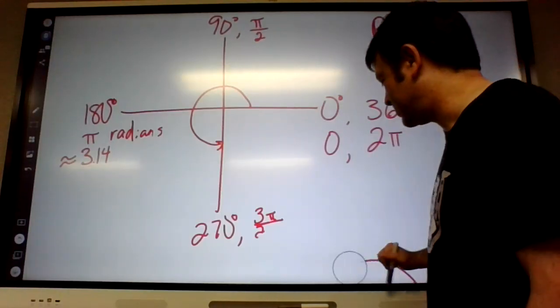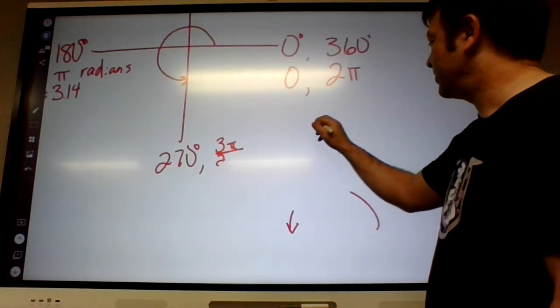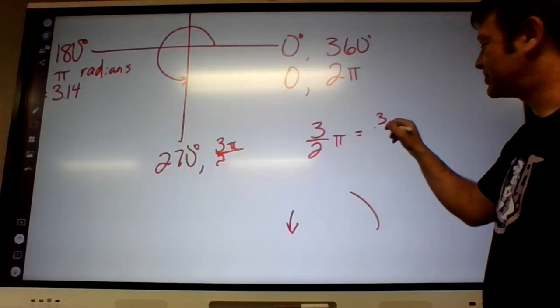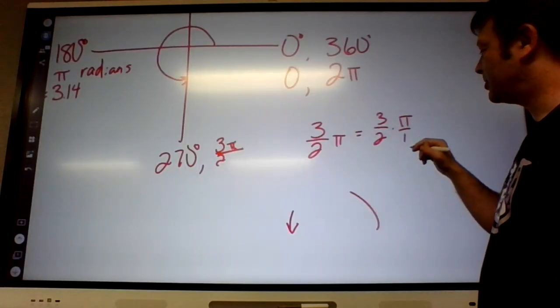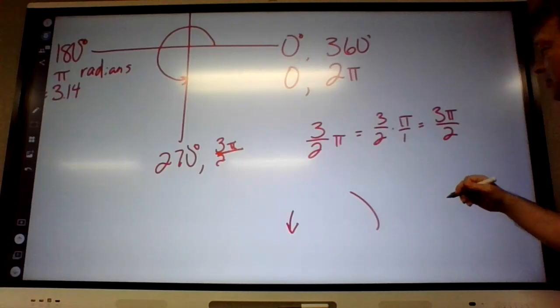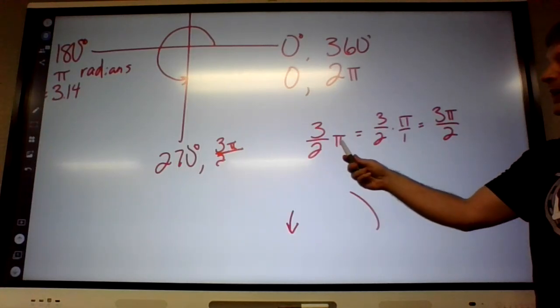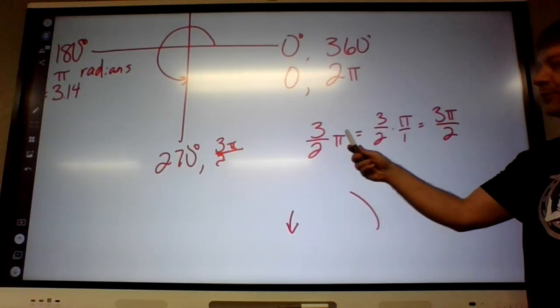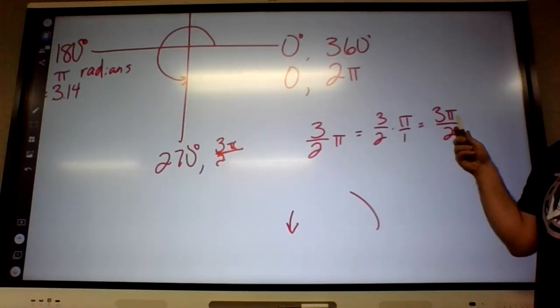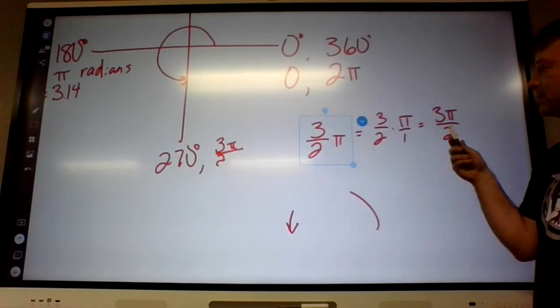So 3/2 pi is the same thing as 3/2 times pi over 1, which is the same thing as 3 pi over 2. If you put the pi outside the fraction, it floats in the middle. If you put it in the fraction, it goes on top. These are the same thing.